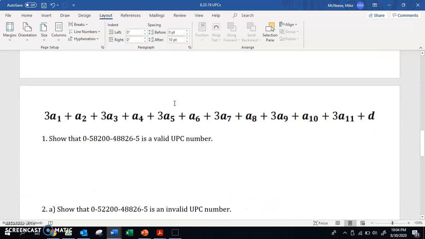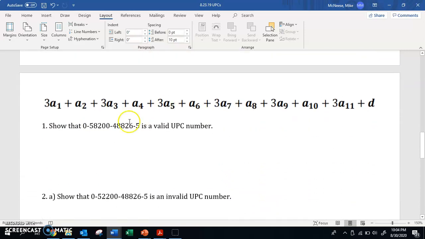And so it says show that this UPC is a valid UPC number. We're going to use this formula that we just learned to do that. We know that all odd numbers are multiplied by 3 and all even numbers are multiplied by 1. So I'm going to cluster all of the odds together since they're multiplied by 3 and all of the evens together since they're multiplied by 1.